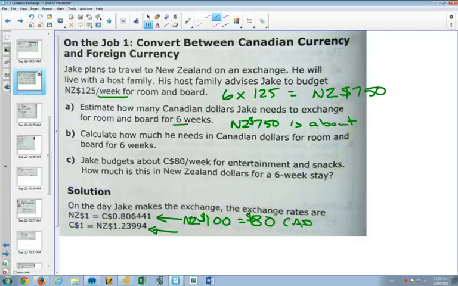So 750, if every 100 New Zealand dollars is 80, well, that's going to be 80 plus 80 plus 80 plus 80 plus 80 plus 80 plus 80. 7 times, right? Because that's $700. So that's 7 times 80 is 560. Maybe we're going to guess that this is around $600 as an estimate.